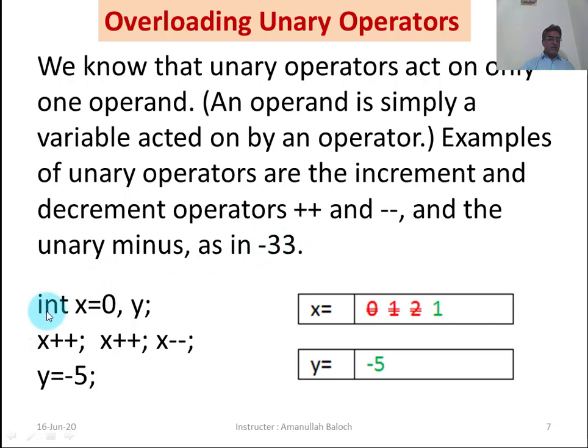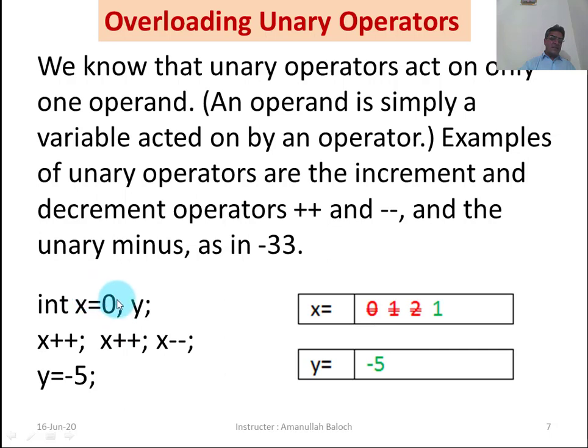Suppose we have two integer variables, int x is equal to 0, and then y. X contains the initial value 0, and then we will increment the value of x. Then the computer will replace this 0 with 1, and then 1 with 2, and then this 2 will be replaced with 1 when we decrement it.